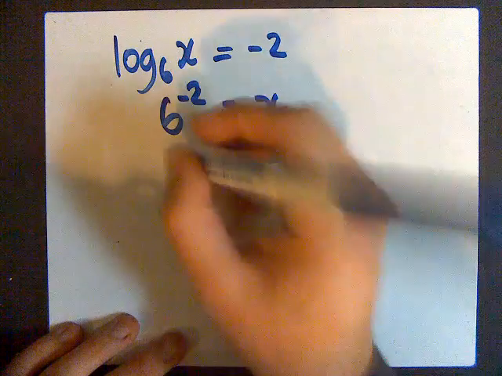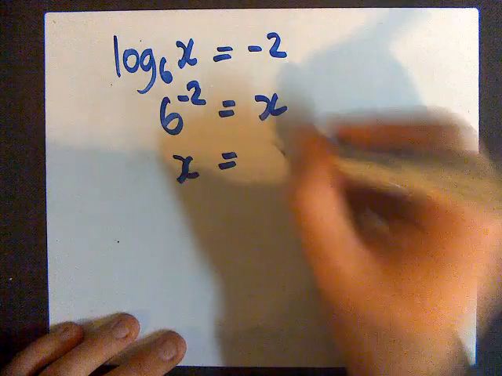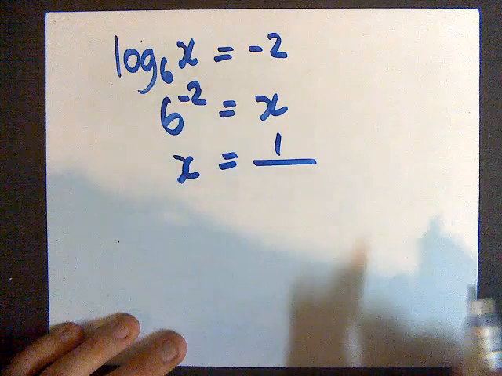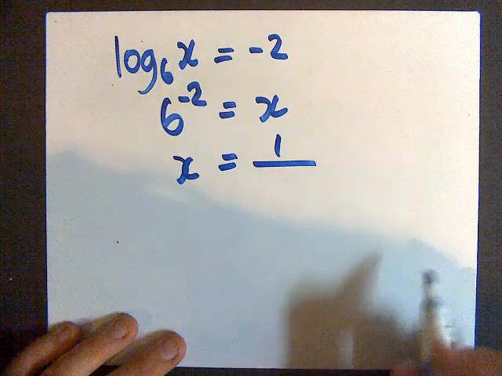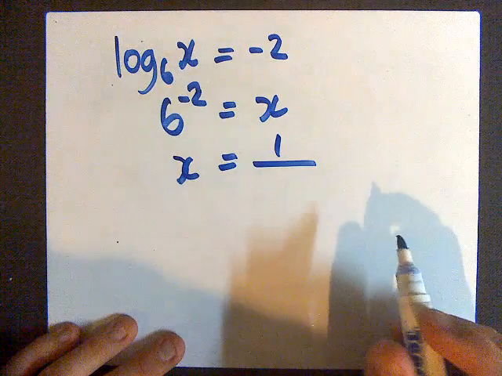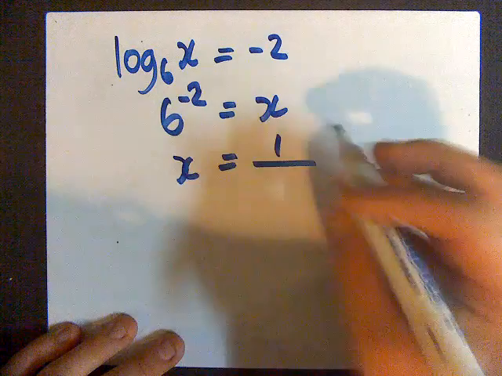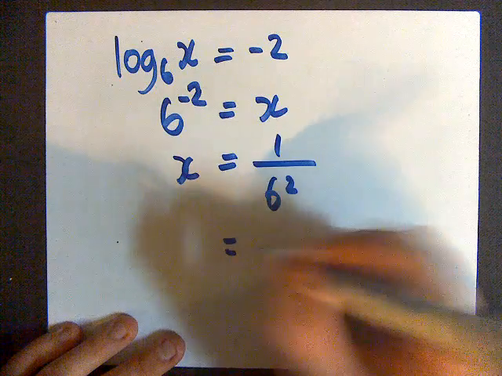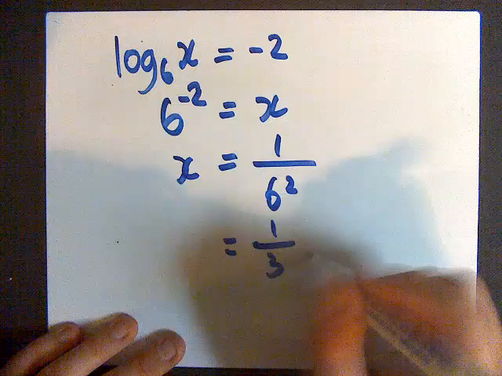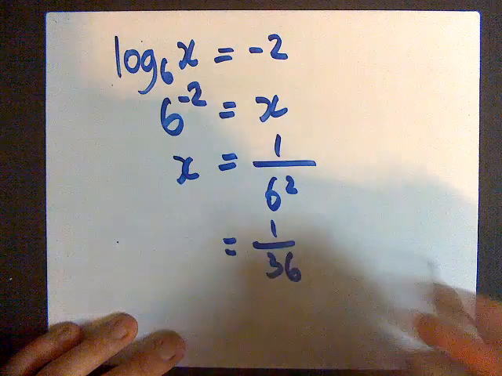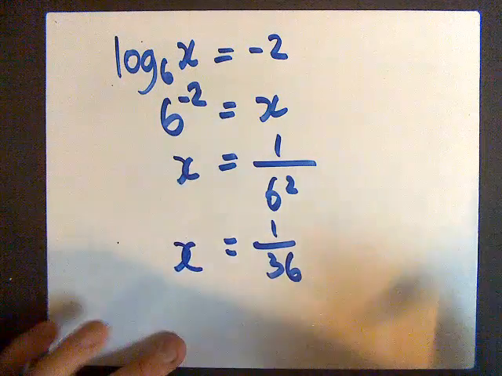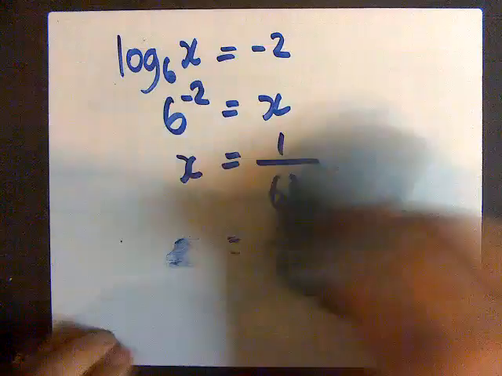So we have something that's going to be a negative power, so I'm going to put my x here. We know it's going to be 1 over something because we've got a negative power. So I'm just going to rewrite this as 1 over 6 squared, which becomes 1 over 36, and that's going to be my answer. Nice and simple.